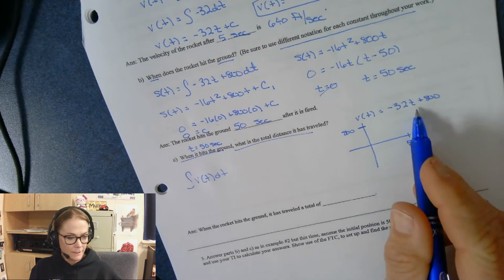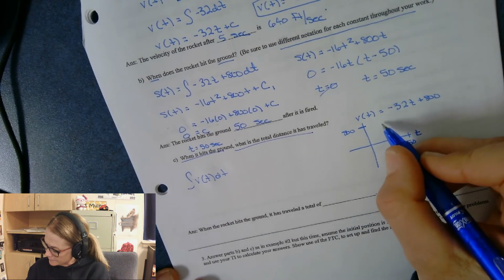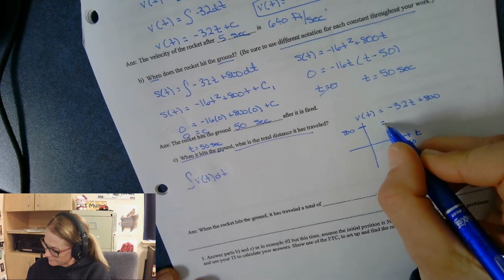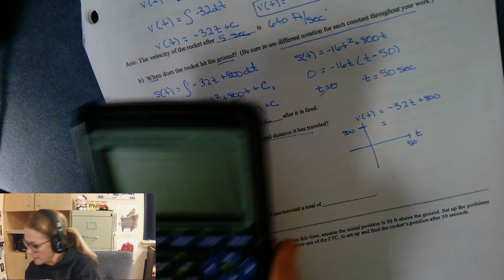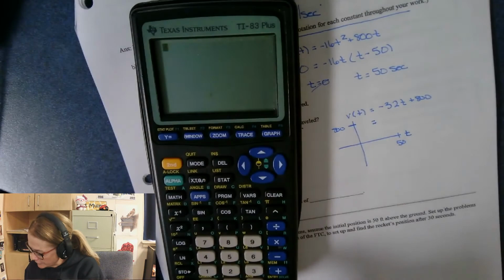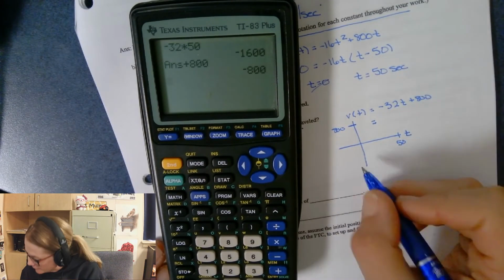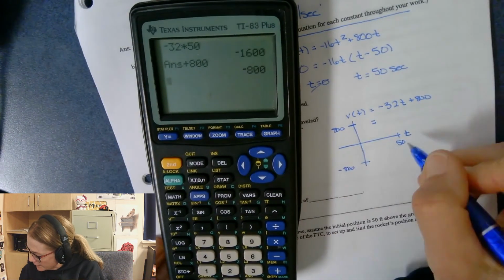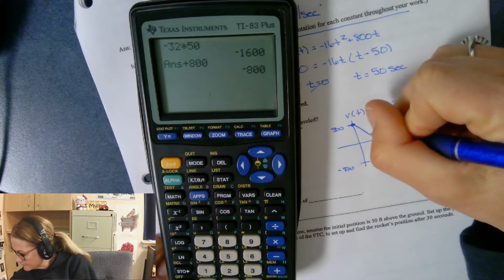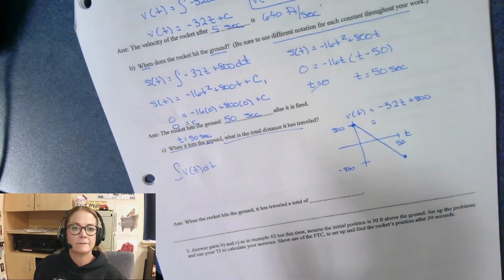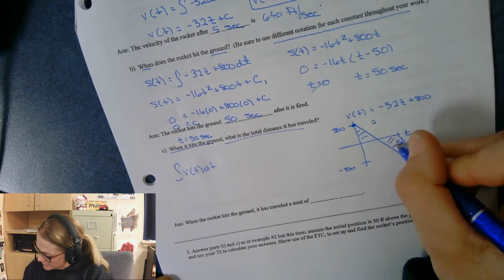Okay, if I put 50 in here, you'll see that we get, if you do negative 32 times 50 plus 800, negative 800. That's the same amount of space. Okay, so we have this point and this point, so we are going to have some negative distance there. So we're looking at this positive distance, this negative distance, right?